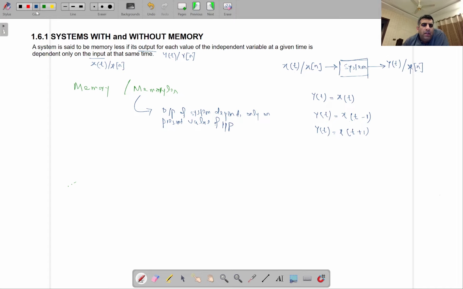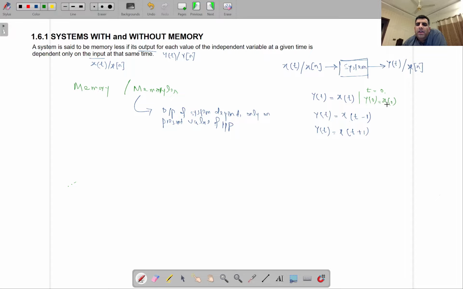Now, in order to test whether the output depends only on the present value of the input, we can simply substitute the value t is equal to 0. If I substitute t is equal to 0 in this equation, I get y of 0 is equal to x of 0. So the output depends on the input at the same time value.